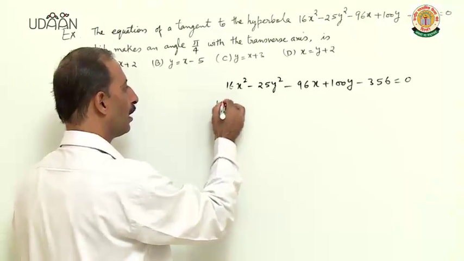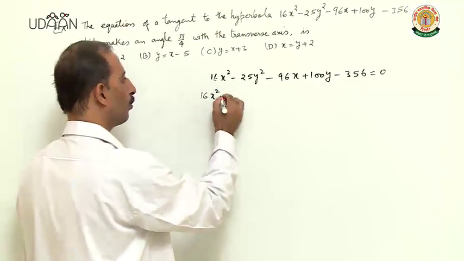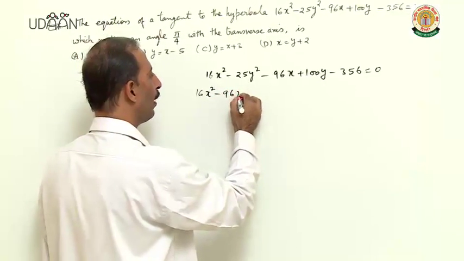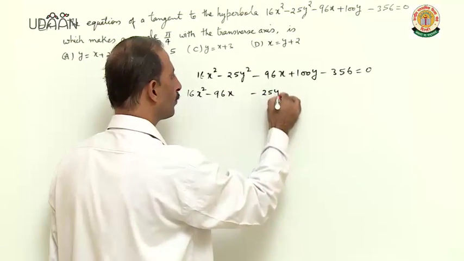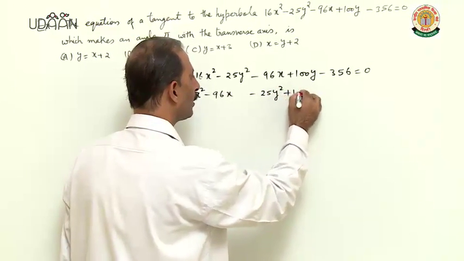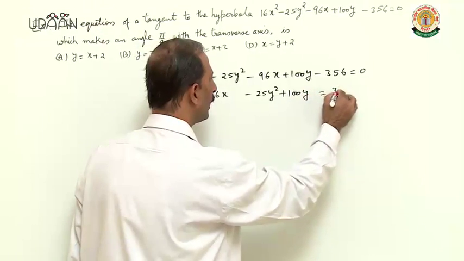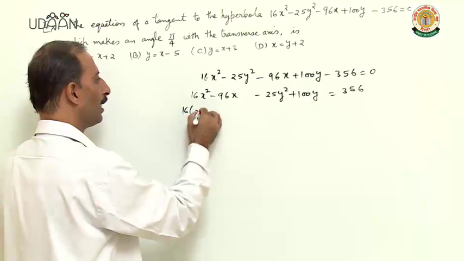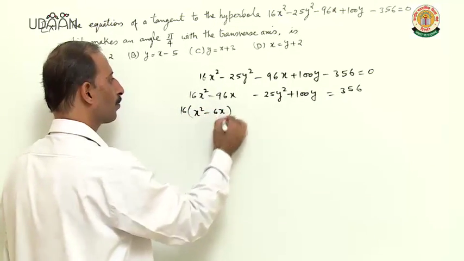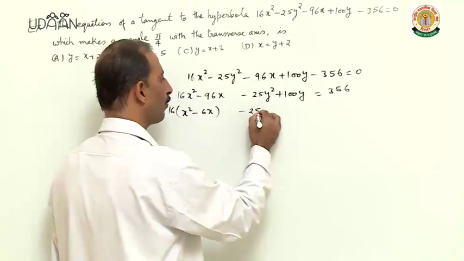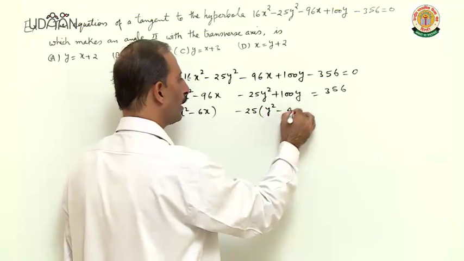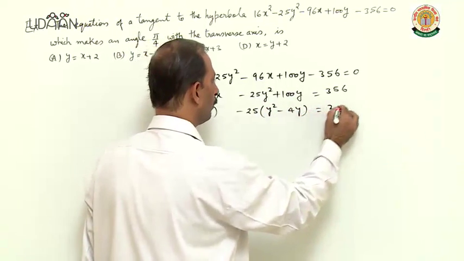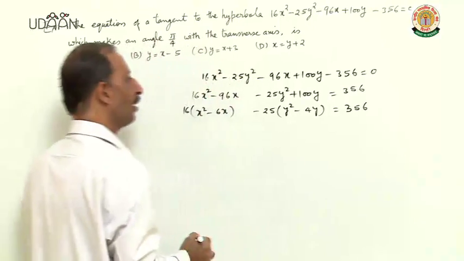Now take the terms containing x together and y together and transfer the constant term to the right hand side. Here if you take 16 common you will get x square minus 6x. Here if you take minus 25 common you will get y square minus 4y is equal to 356.